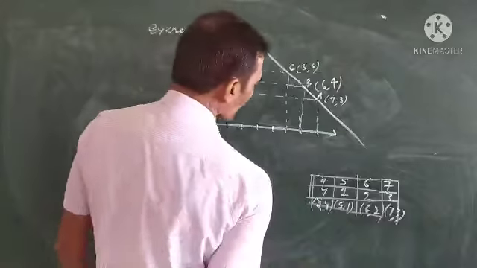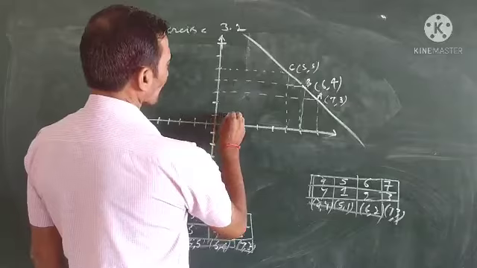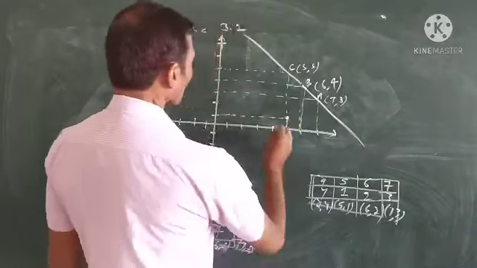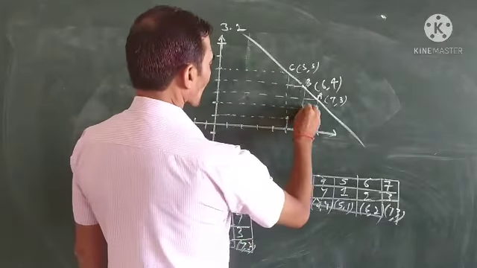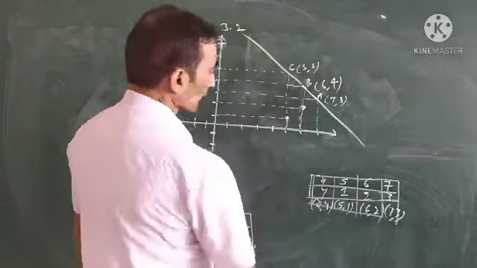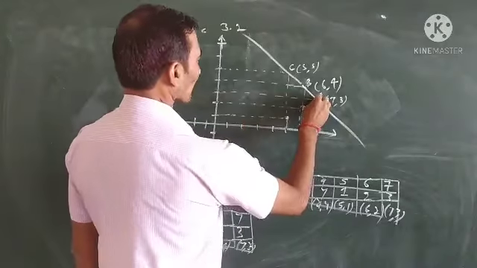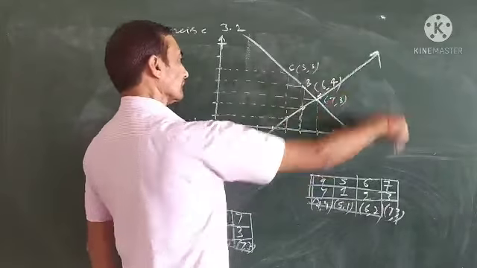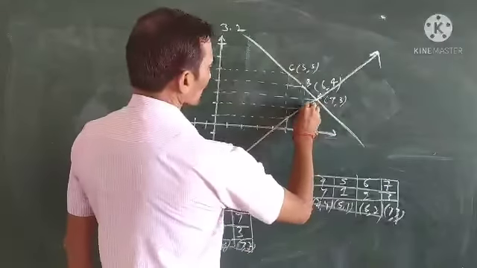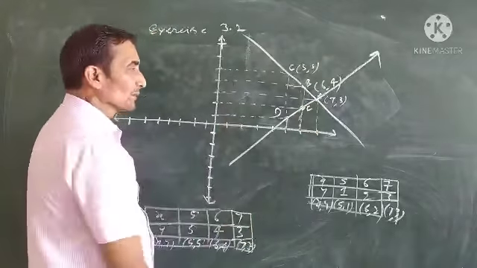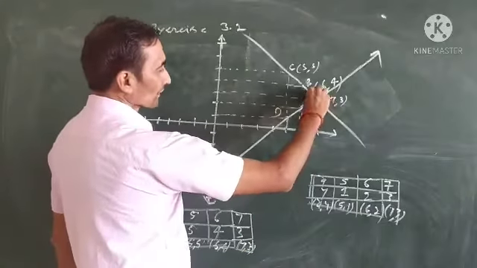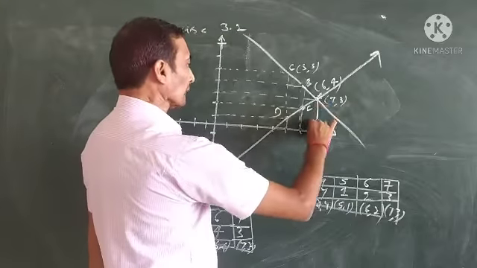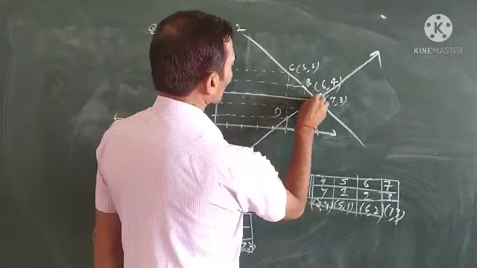By the second data, (5, 1) is here, (6, 2) is here, and (7, 3) is here. Join them, and suppose the points C and D. We see that they intersect at point A. Draw perpendiculars to the x-axis and y-axis.